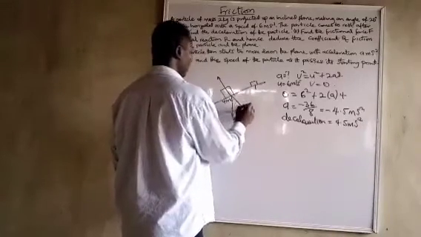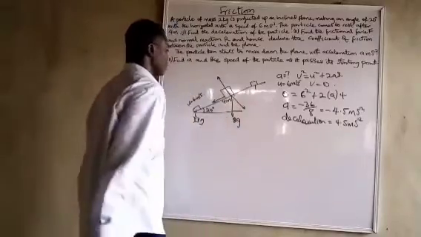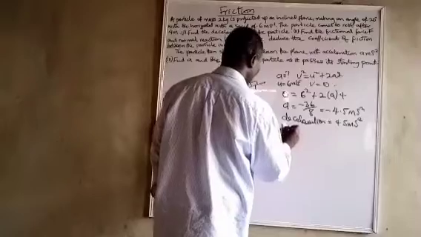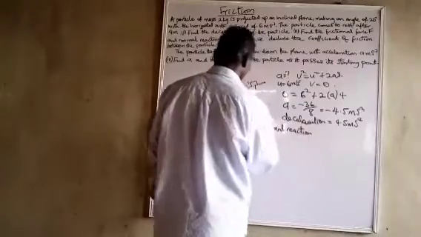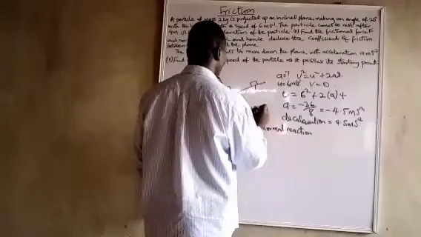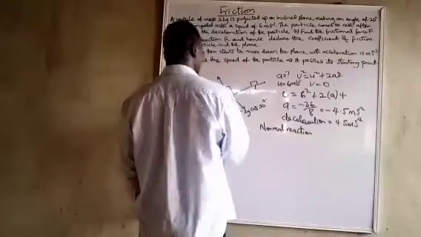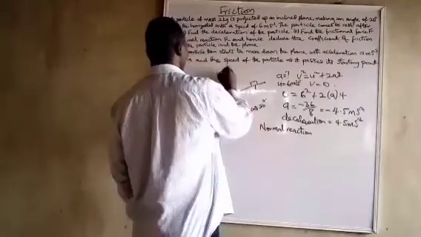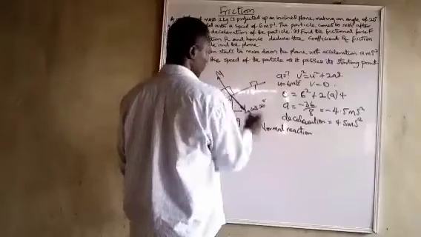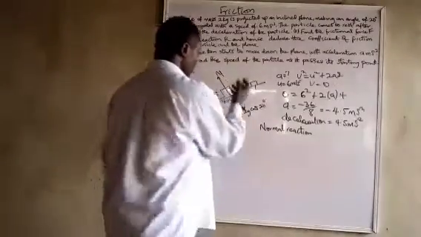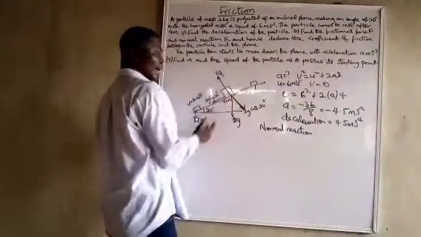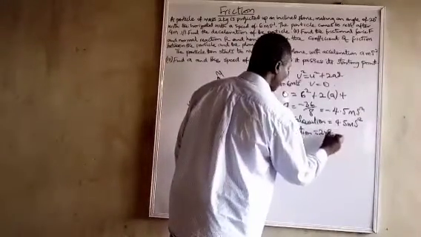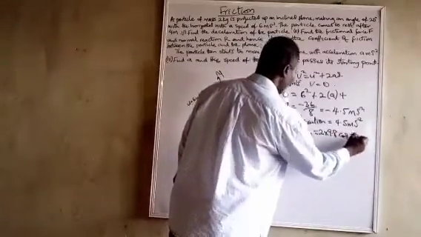So normal reaction, this one is 2g cos 20 degrees. We have 2g sin 20 degrees. So this one is equal to N. Since there is no other force acting on it, it's equal to 2 times 9.8 cos 20.